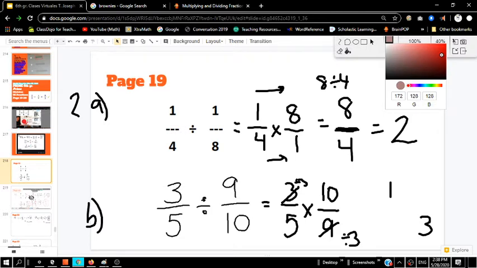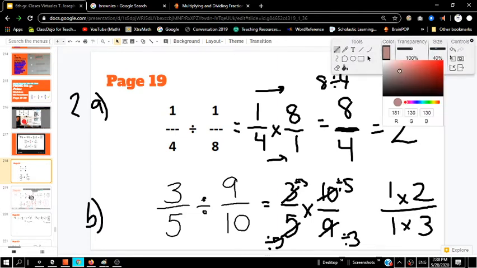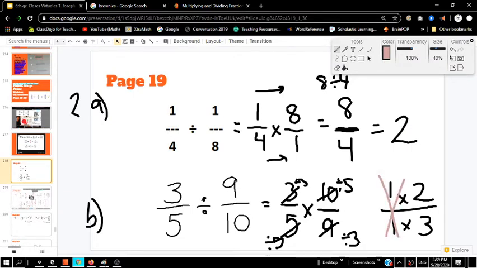And if I divide 5 and 10 by the same number, in this case 5, on both sides, that's going to give me 2 and 1. In other words, I'm multiplying now 1 times 2 and 1 times 3. That's pretty simple because we can just get rid of these ones right here, and we have 2/3. Our final answer is 2/3.